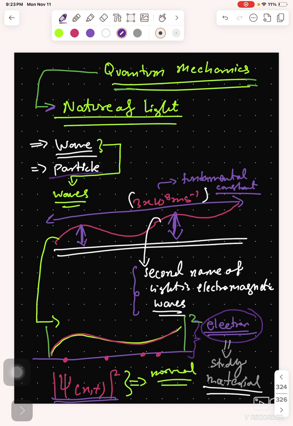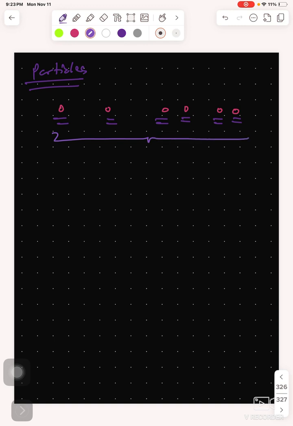We will study more further on, but now, what about particles? In this case, light is acting as quanta of light, the smallest unit of light.